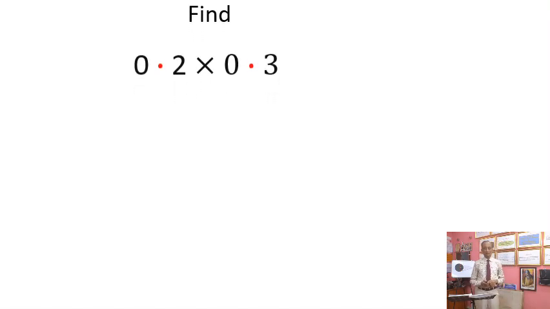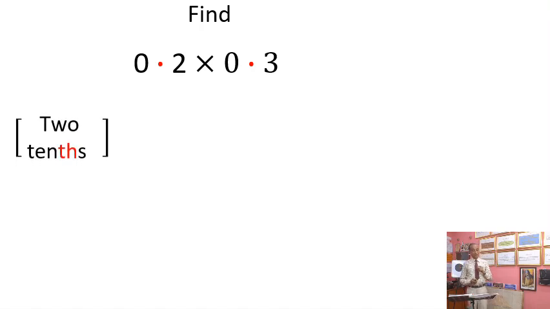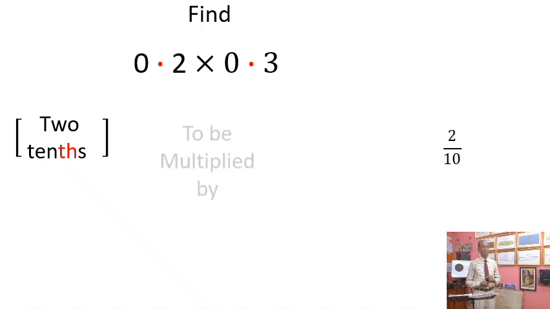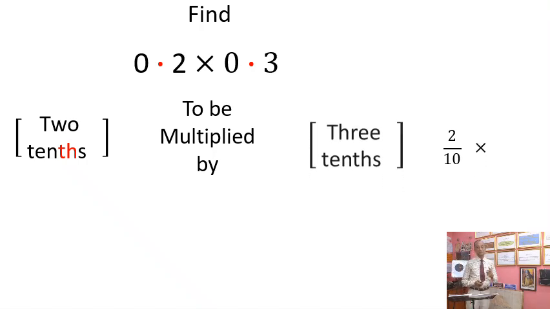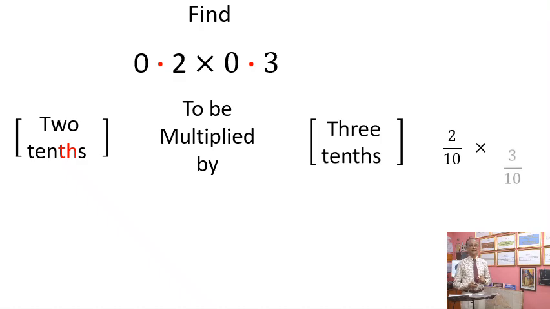Yes. Let's take an example. Find the product of 0.2 and 0.3. This is the example. 0.2 means 2/10, that is 2 divided by 10, and that is to be multiplied by 0.3, which means 3/10, that is 3 by 10.